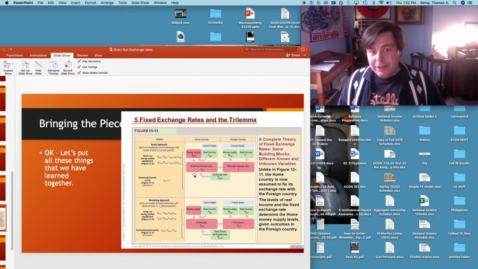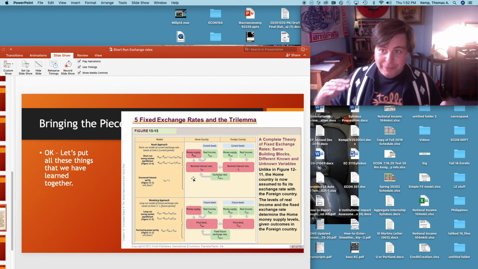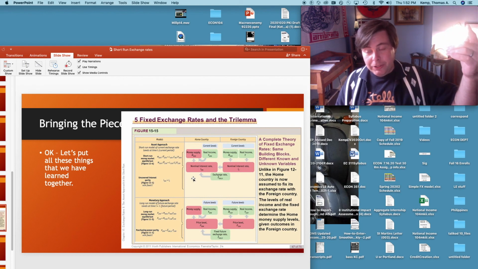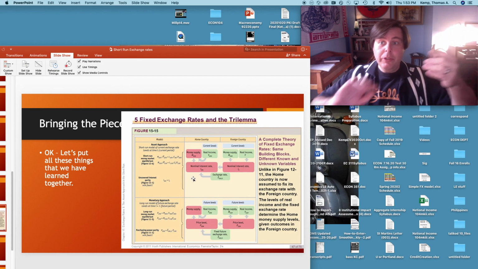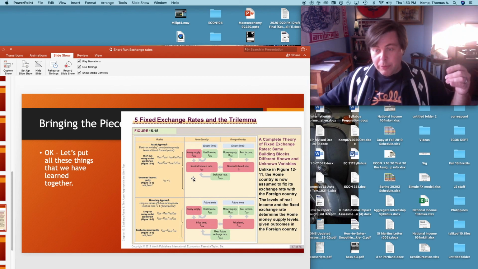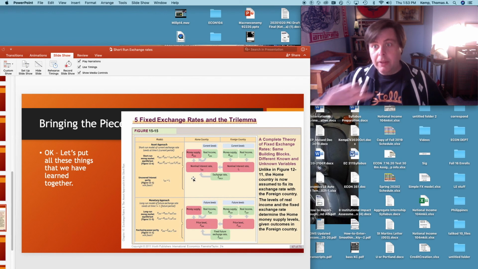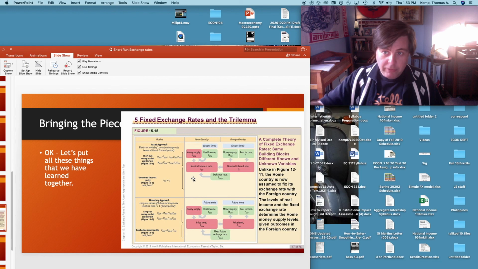So let's put it all together. Let's say there's expansionary monetary policy. Interest rates go down. Going back to the interest rate parity condition above, if the interest rate goes down, then we expect capital flight. And if we have capital flight, then there's a supply of dollars and a demand for foreign currency, so the dollar depreciates in relative terms against foreign currency.